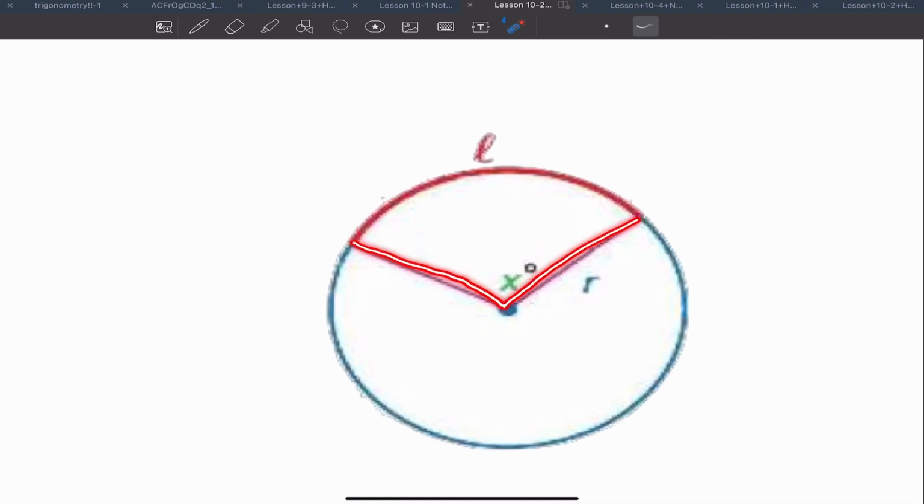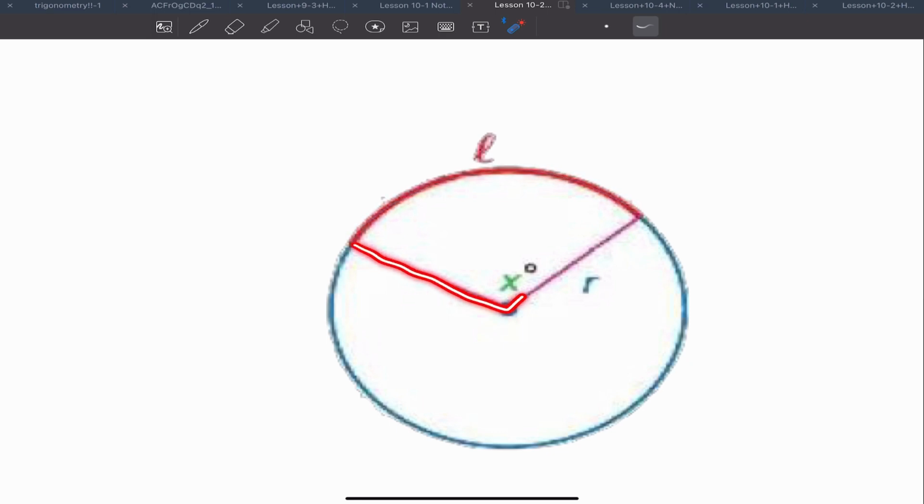Typically, your arc measure is initially a central angle. That's what I'm trying to say here. It's initially a central angle, but remember the central angle and its intercepted arc, their measures are the same.